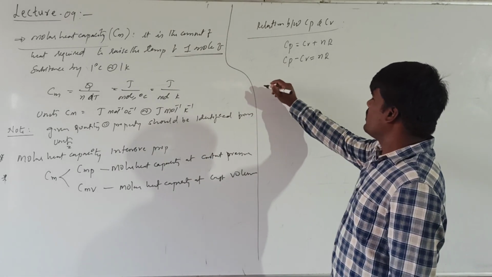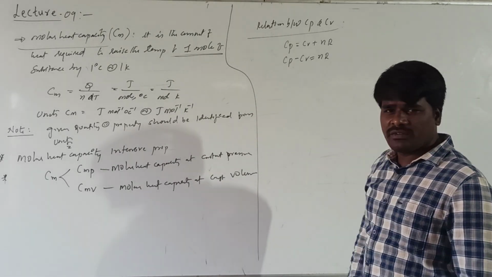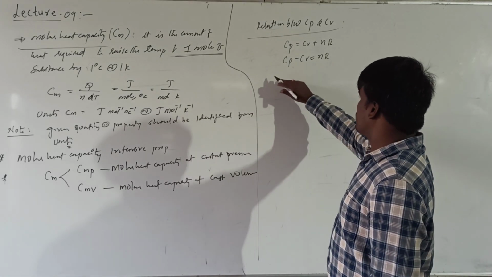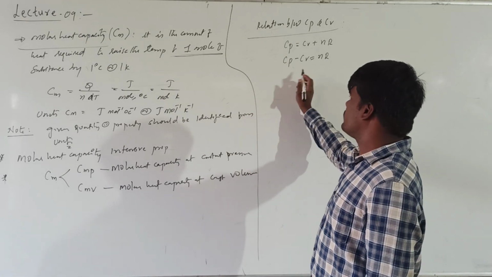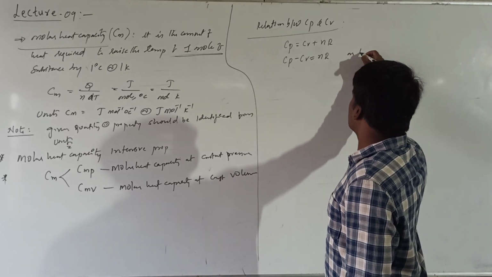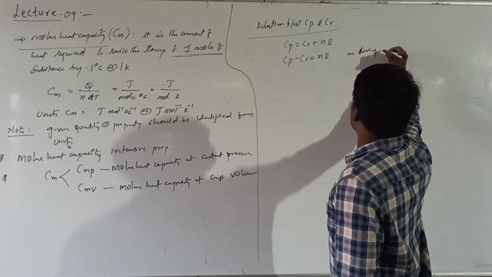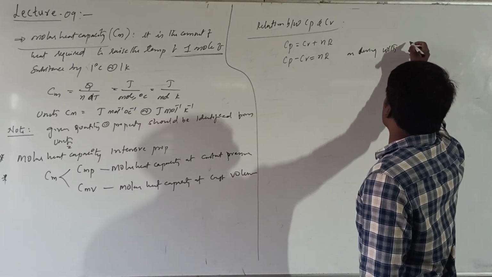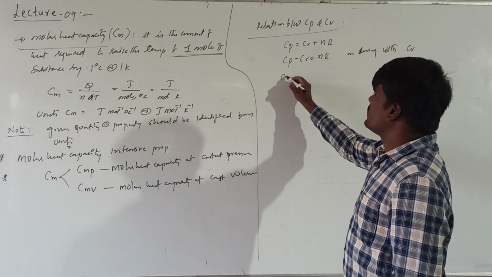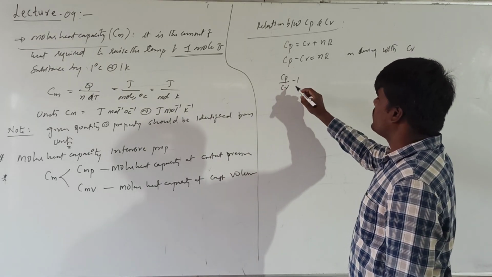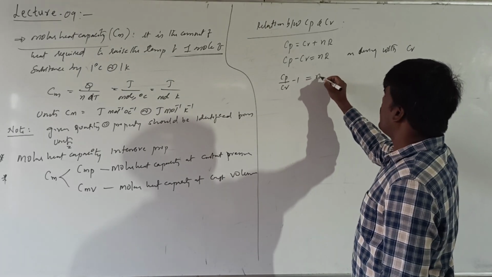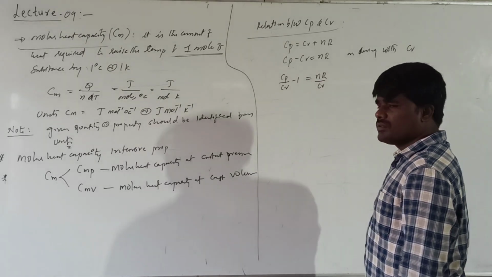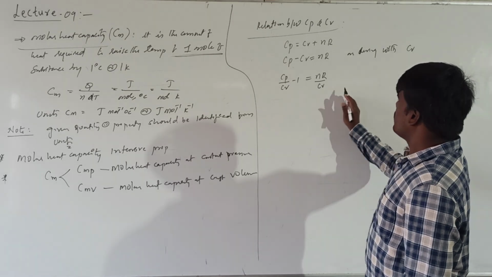If you divide the equation with Cv, what do you get? Cp upon Cv minus 1 will be equal to nR upon Cv.